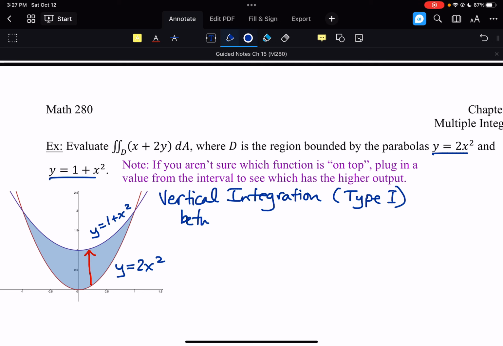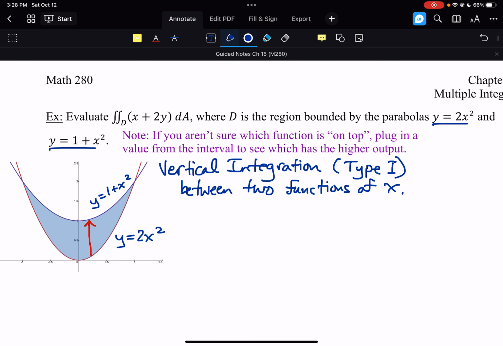So it's between two functions of x. That's also a good technique to determine whether it should be vertical or horizontal, depending on what variable the functions are written in terms of. We can always remanipulate it, but in this case, it seems pretty clear that these are supposed to be functions of x.